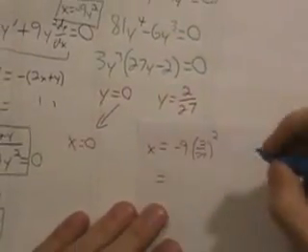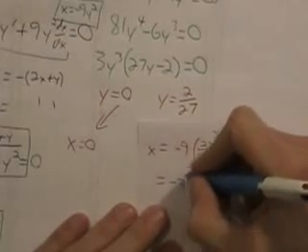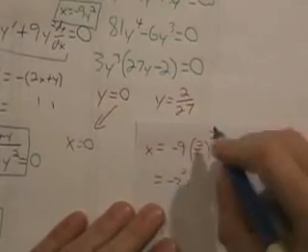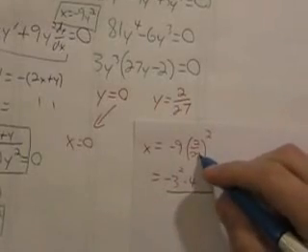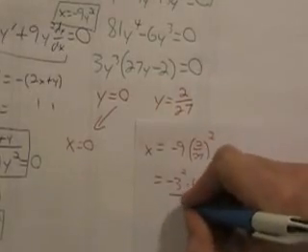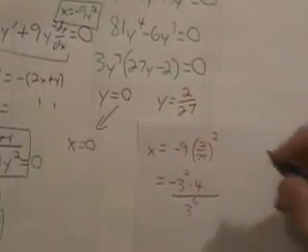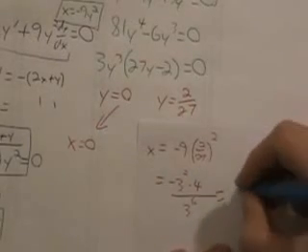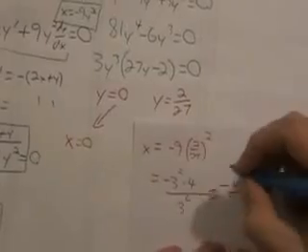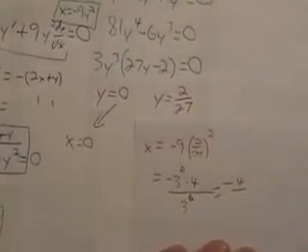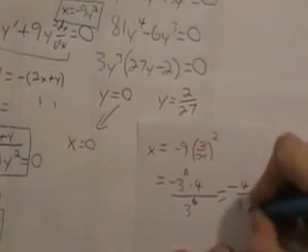So what's that work out to? That'll give us minus 3 squared times 2 squared, which is 4, divided by 27 squared, which is 3 to the 6th. When you reduce that, you'll get minus 4 over 3 to the 4th, which is 81.